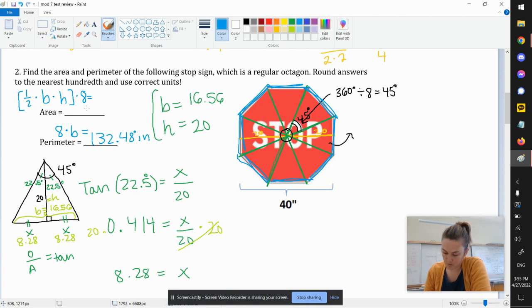And we'll get 1324.8. Because this is area, it's inches squared.